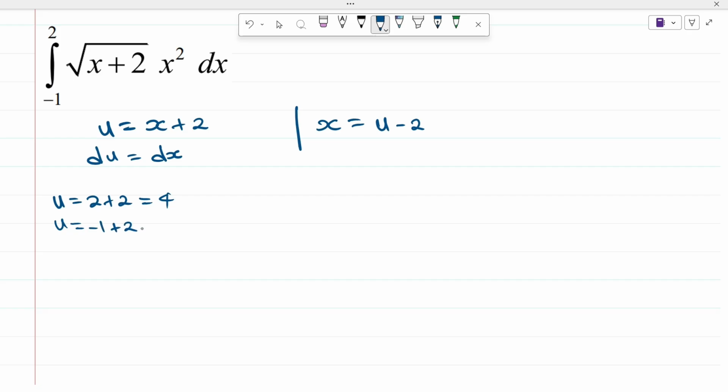Minus 2 minus 1 plus 2, which is equivalent to positive 1. Then we can rewrite our limit in this format.